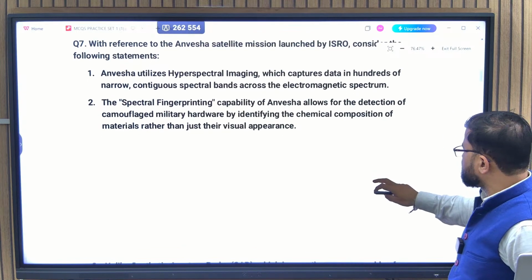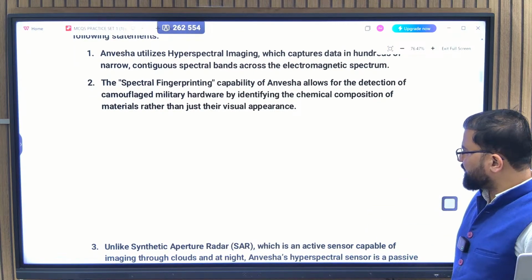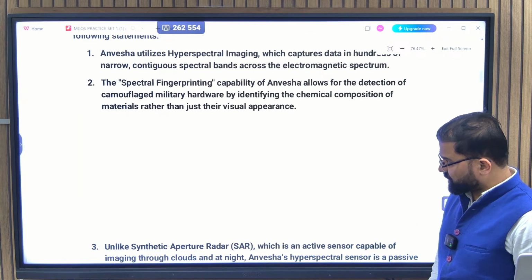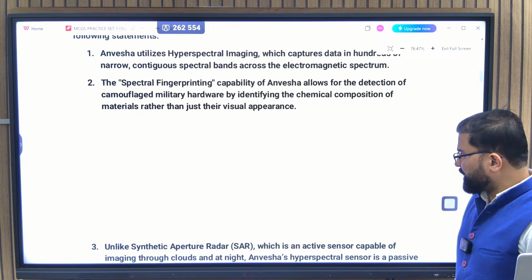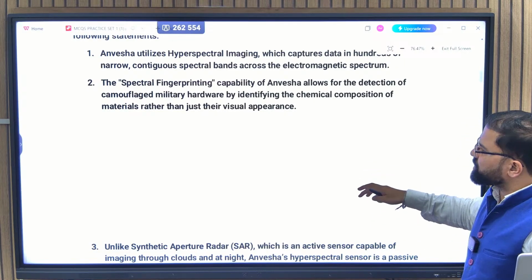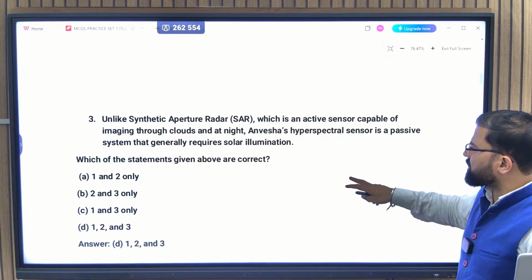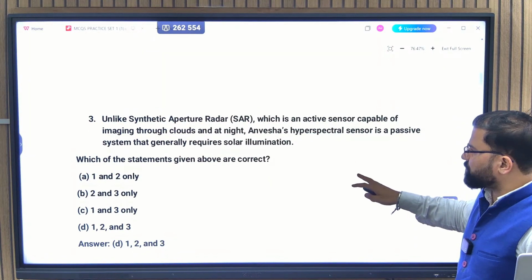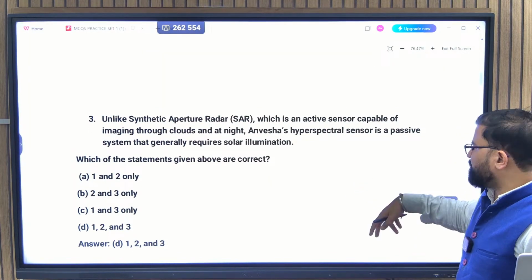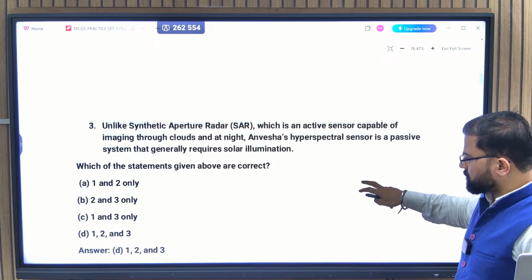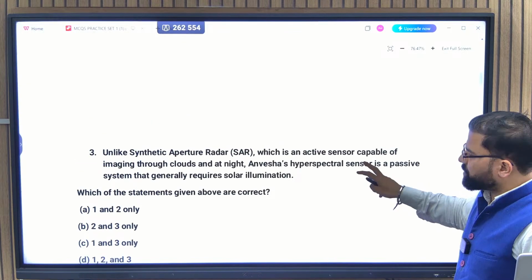Second, the spectral fingerprinting capability of UNVASE allows for the detection of camouflaged military hardware by identifying the chemical composition of the material rather than just by visual appearance. Third, unlike synthetic aperture radar, which is an active sensor capable of imaging through clouds and night, UNVASE's hyperspectral sensor is a passive system. What will be the answer?